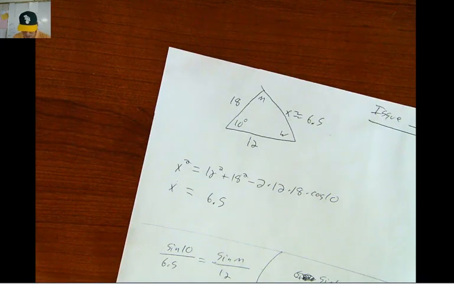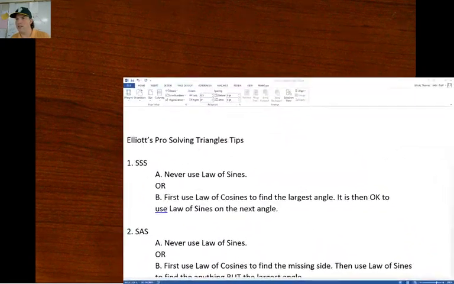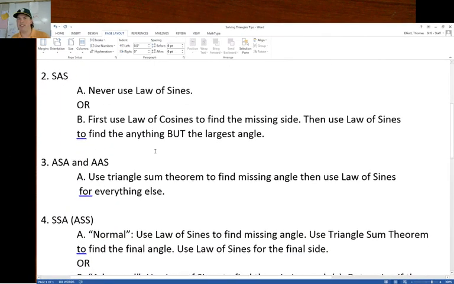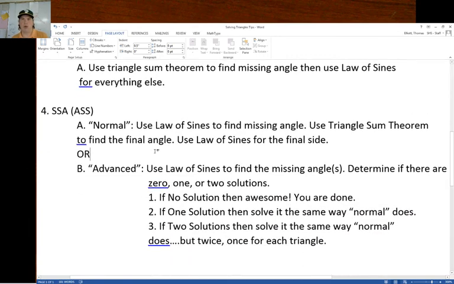One more issue with side-angle-side: actually, I don't need to show you this one because this issue is the same as what happened in the example that we had. So be really careful when solving these. You've got to make sure to follow these pro tips, and as long as you follow them, these problems will work out for you.